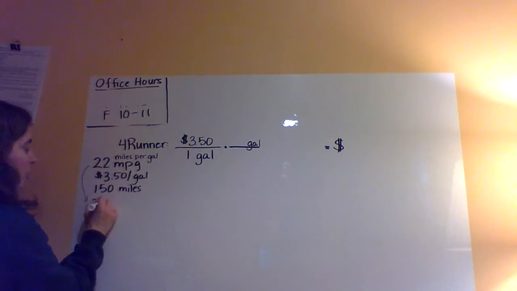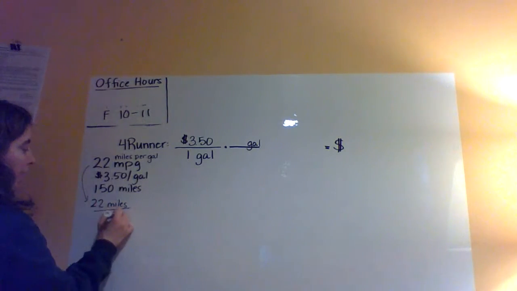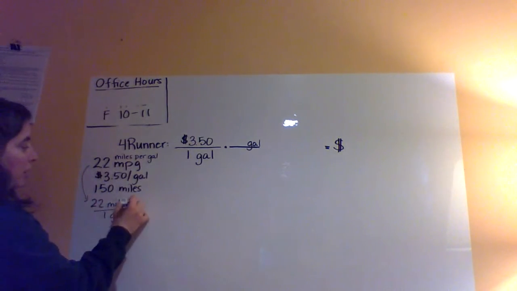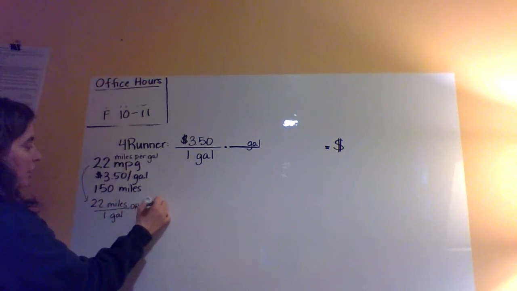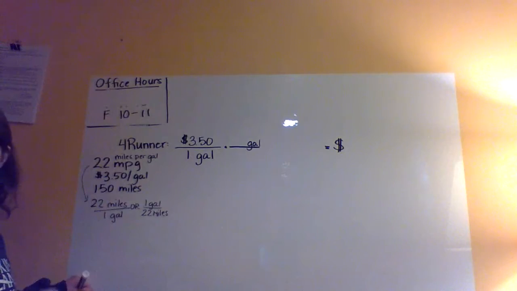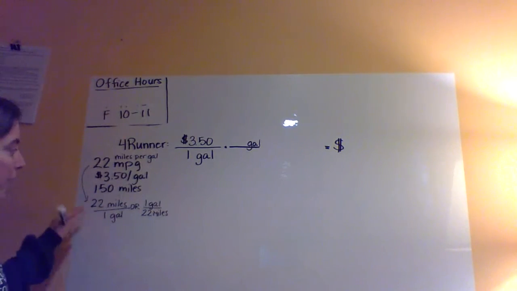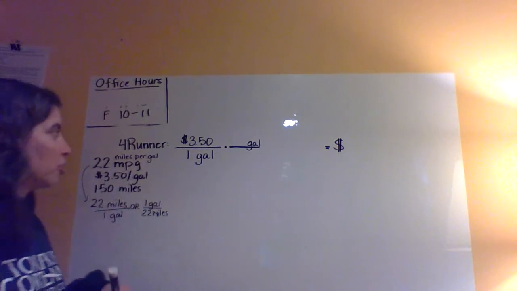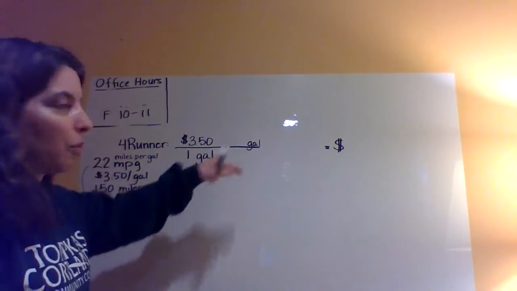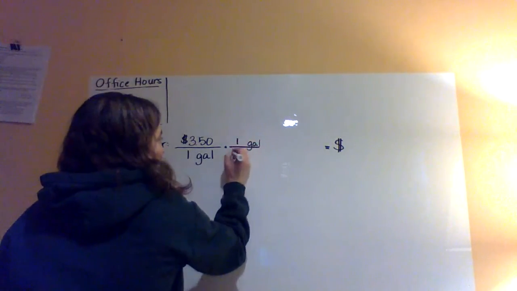So I can write this 2 different ways. I could say we get 22 miles for 1 gallon, or I could say I use 1 gallon of gas every 22 miles. It means the same thing, right? Saying 1 week has 7 days, or there are 7 days in a week. It means exactly the same thing. So I can choose which version of this conversion factor to use based on how I want my units. And I know I want my units of gallons in the top, so I'm going to write it this way.